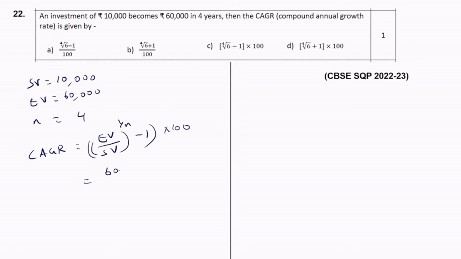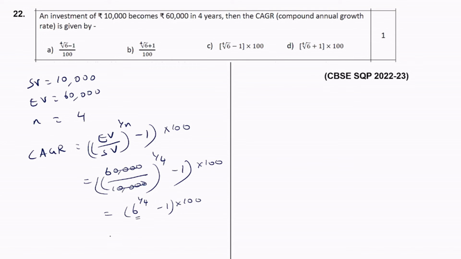So ending value is 60,000, starting value is 10,000, whole raised to 1 by 4, minus 1, into 100. So this is 6 raised to 1 by 4 minus 1 into 100. 6 raised to 1 by 4 is nothing but 4th root of 6, minus 1, into 100. So the correct option is option C. 4th root of 6 minus 1 into 100.